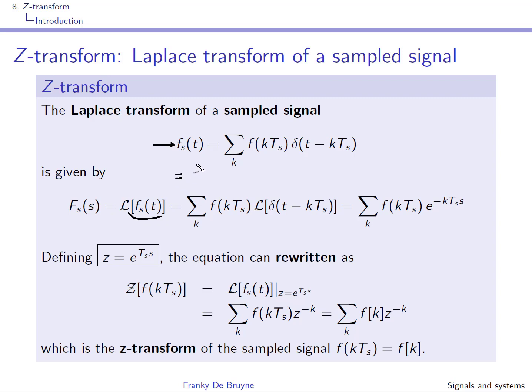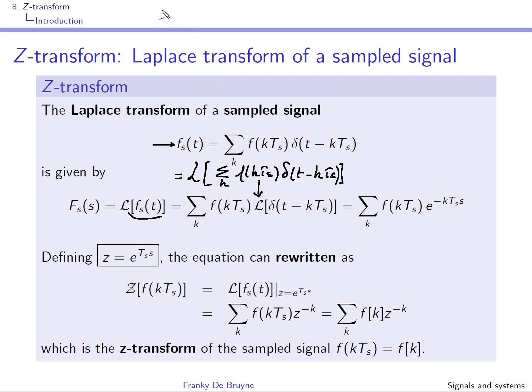So we can write the Laplace transform of a sum over k of f of kTs delta of t minus kTs. We know that the Laplace transform is linear, so this is how we go from here to here.